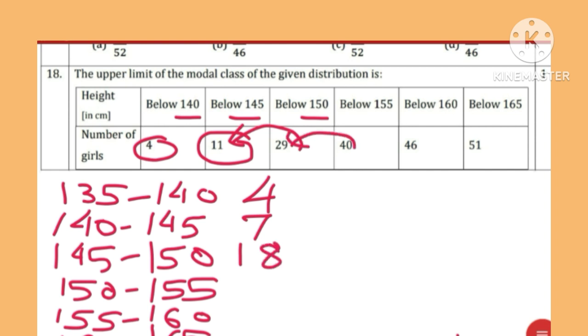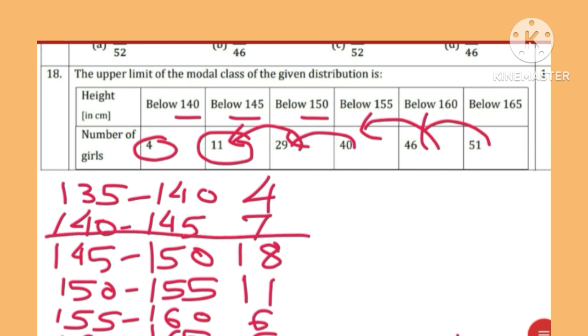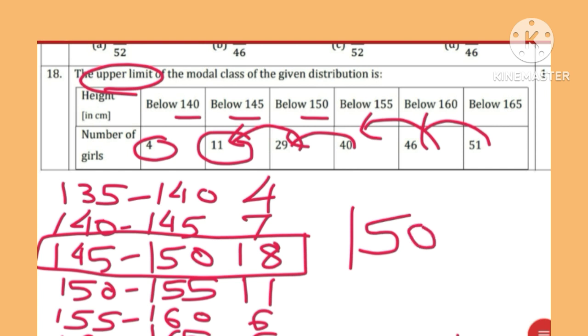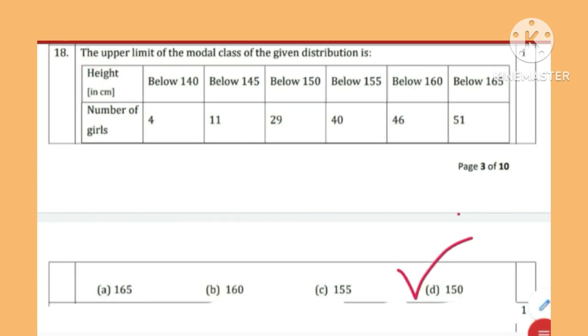Then 40 minus 29 is 11. Then 46 minus 40 is 6. And the last one is 5. Now the modal class is that class which has the highest frequency. So clearly this is our modal class, and our question is the upper limit. So 150 is the right answer. D is the right option for this. I hope you understand.